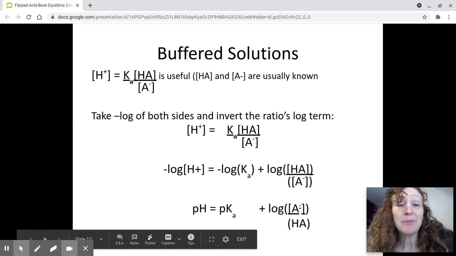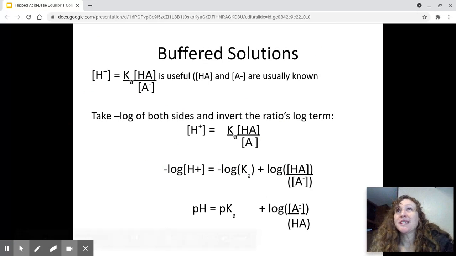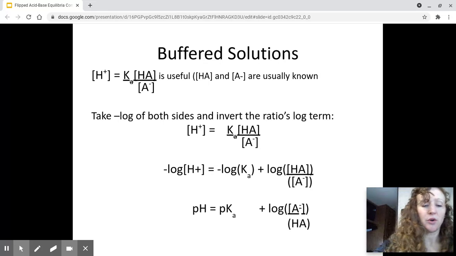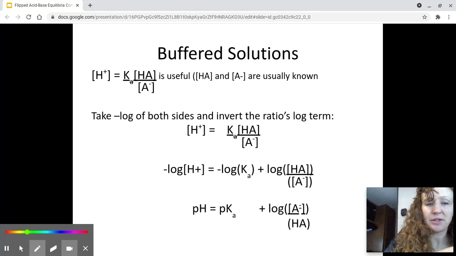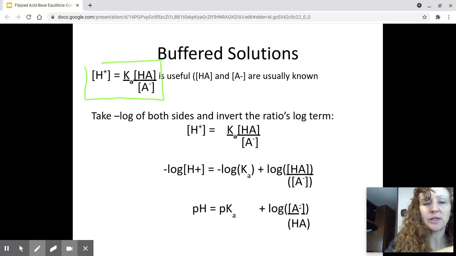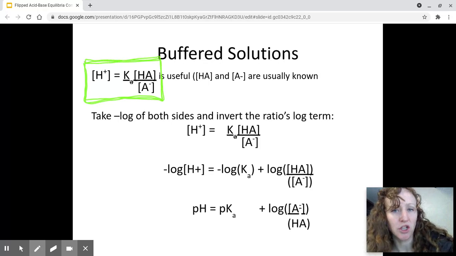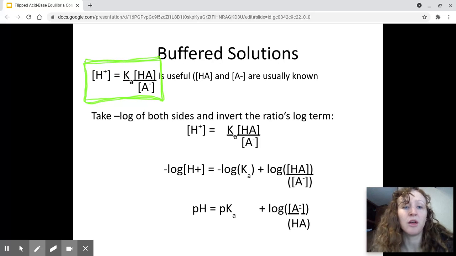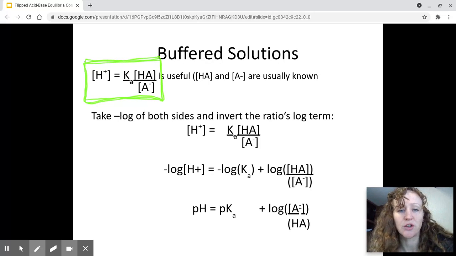Now, this becomes really useful. We can turn this into a very useful equation. So look at how this happens. Again, we have this relationship. It's our acid dissociation constant equation rearranged to solve for hydrogen concentration, right?